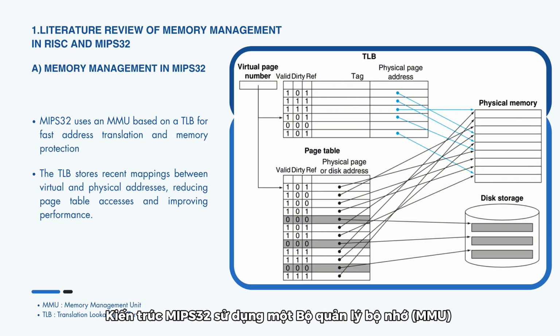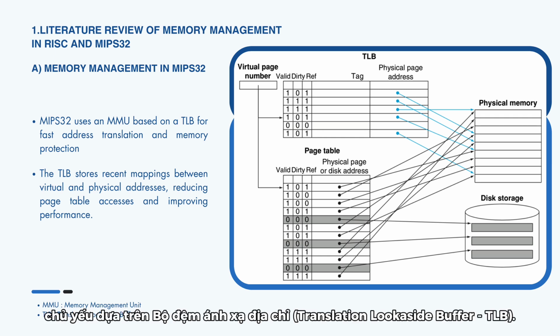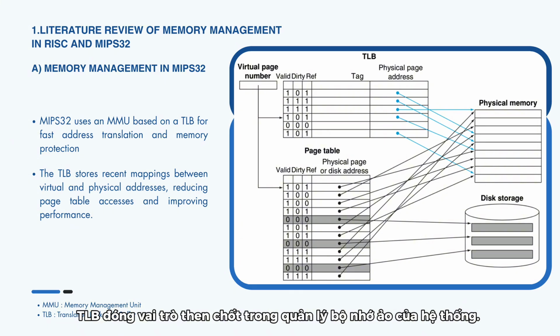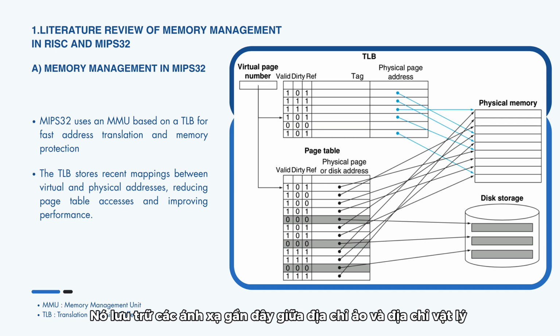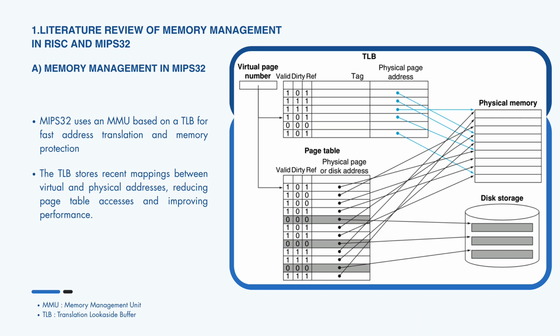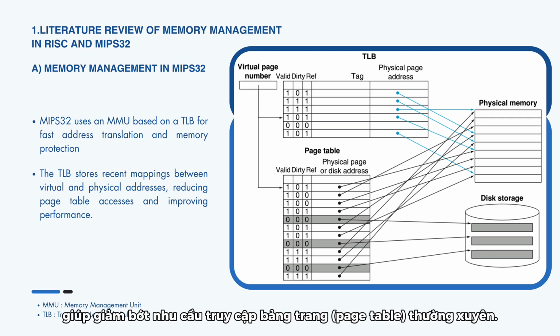The MIPS32 architecture uses a memory management unit, or MMU, that is primarily based on a translation look-aside buffer, also known as TLB. This TLB plays a crucial role in the system's virtual memory management. It stores recent mappings between virtual addresses and physical addresses, which helps reduce the need for frequent page table accesses.